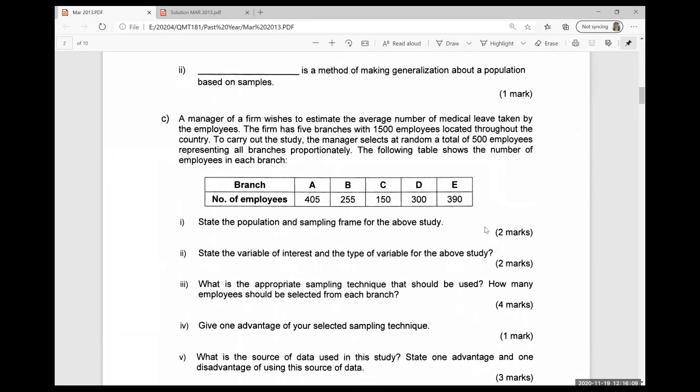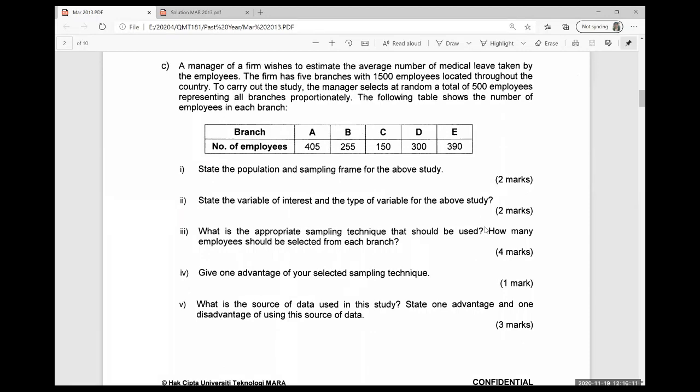Let's look at the one that you might have some trouble understanding how to solve. For example, in this case, they give you the situation. A manager of a firm wishes to estimate the average number of medical leave taken by the employees. The firm has 5 branches with 15,000 employees located throughout the country.